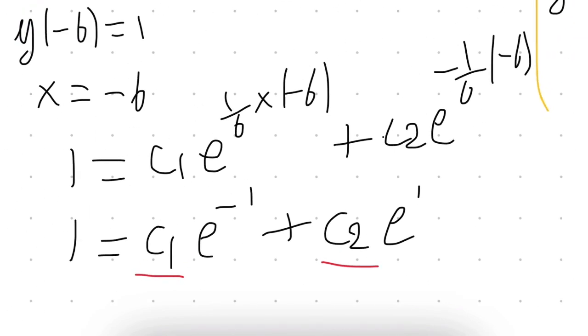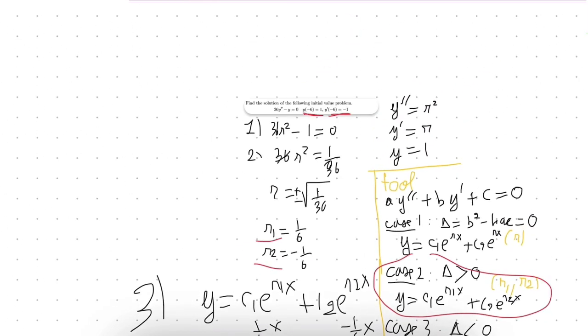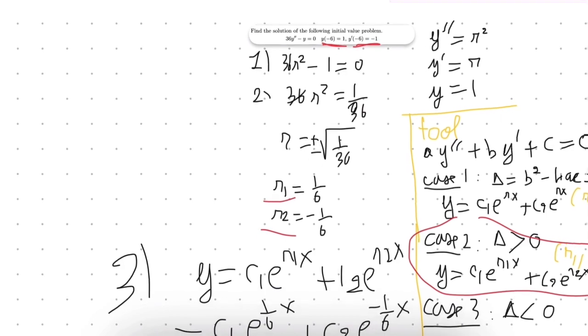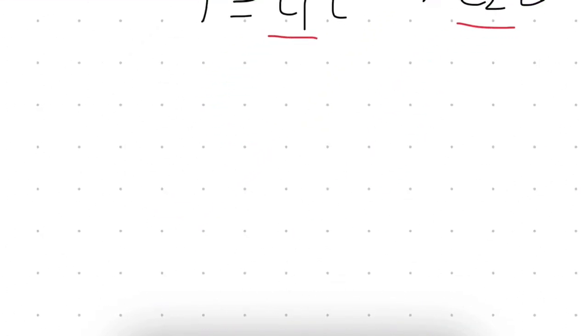So we're going to use the second piece of information they're giving us, which is y prime of minus 6 equals minus 1.